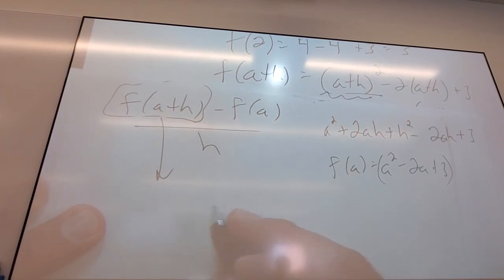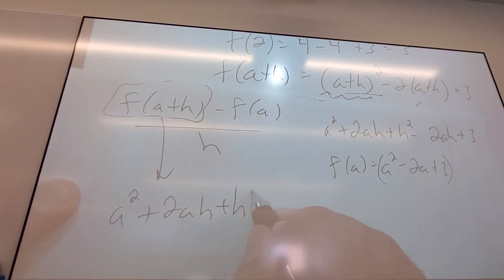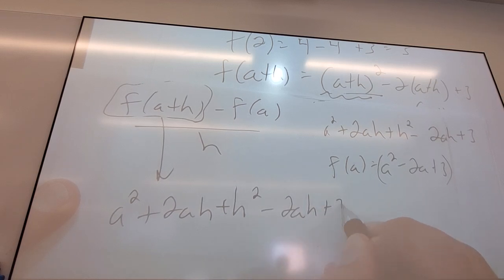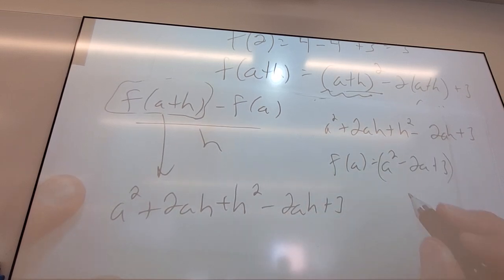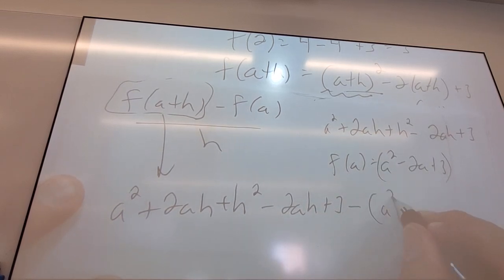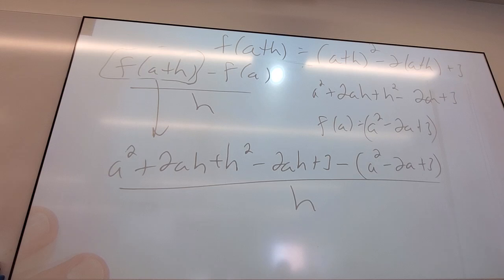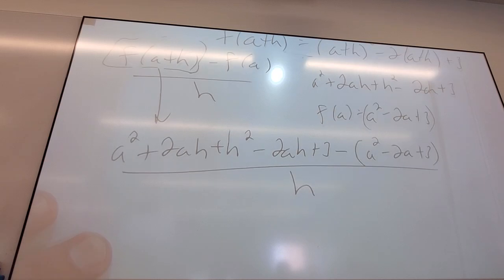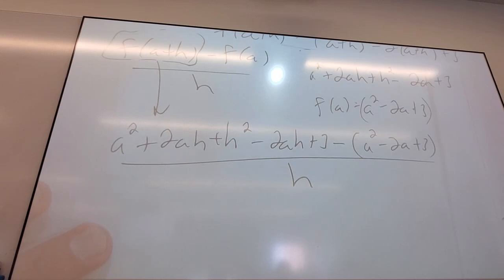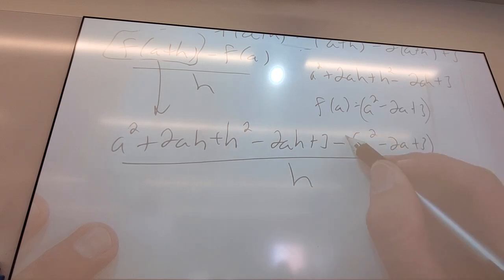So f of a plus h is all this business here. F of a is this. Then I can distribute the negative.